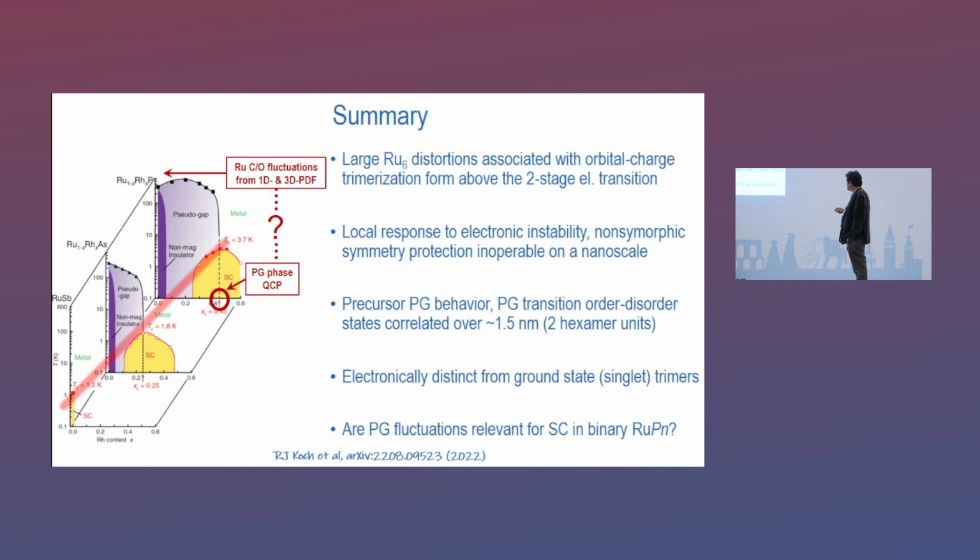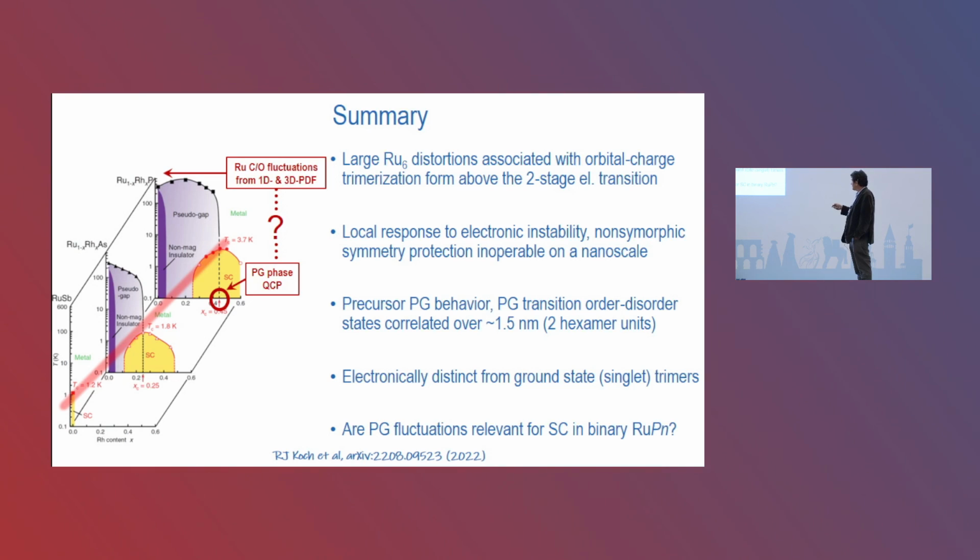This presumably represents a precursor to pseudogap behavior. We see that the pseudogap transition is order-disorder in character, and the states in the high temperature metallic regime are correlated over 1.5 nanometers, or 2 hexamer units. This state is electronically distinct from the ground state, which is singlet trimers.